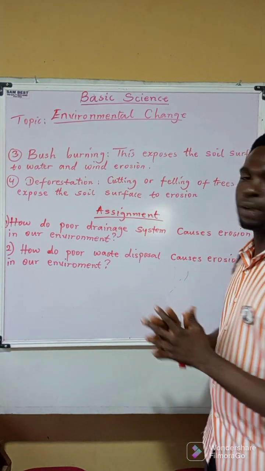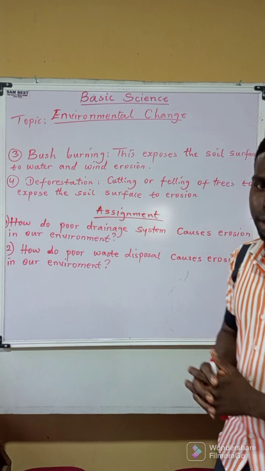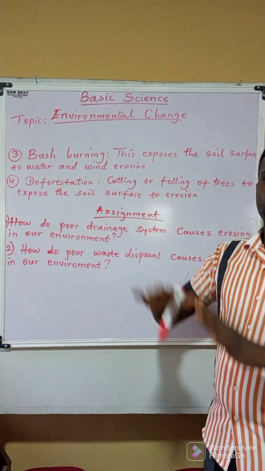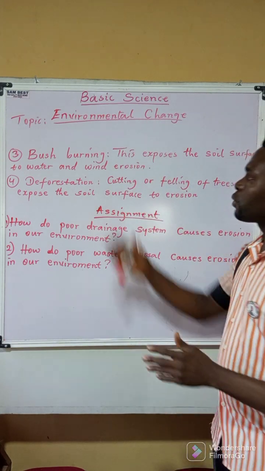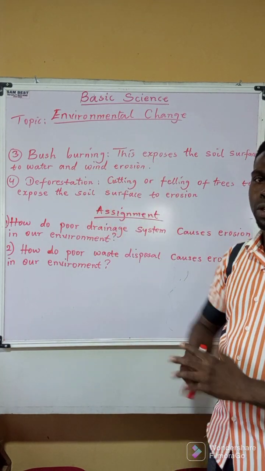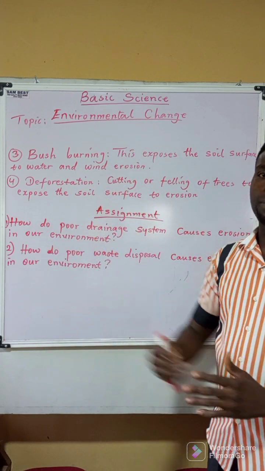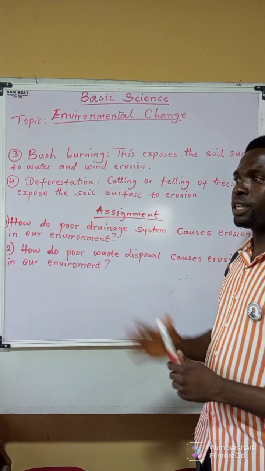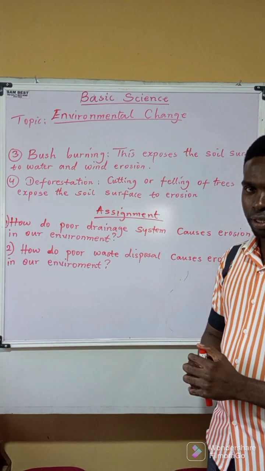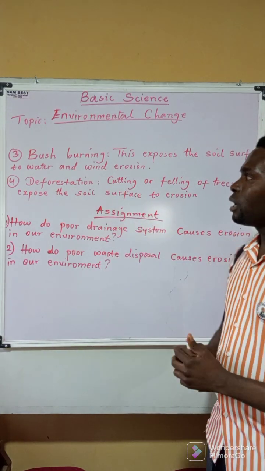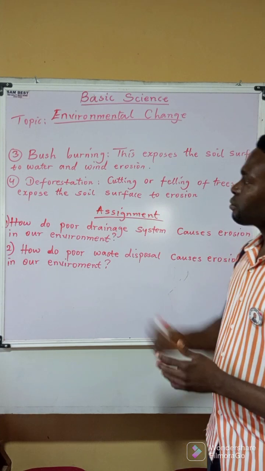That exposes the soil directly to rainwater. And when the soil is exposed to rainwater, then the soil particles, anytime there is rain or there is wind, are washed away. So that is one of the causes of erosion.